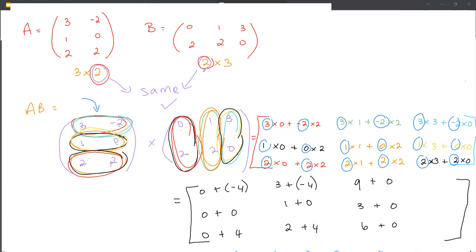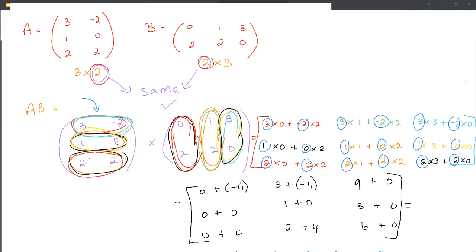So we simplify it. We multiply each subsection, and then we add.